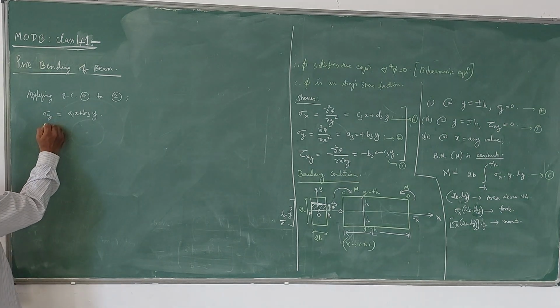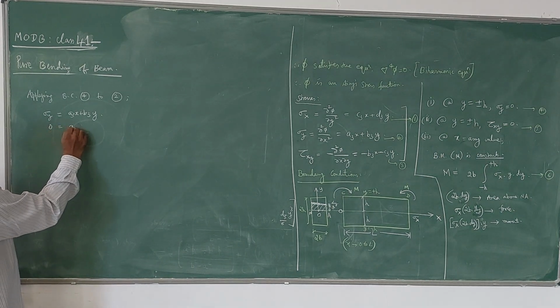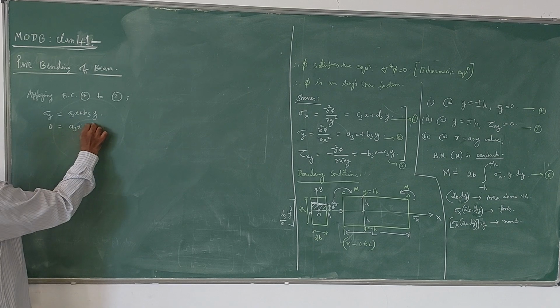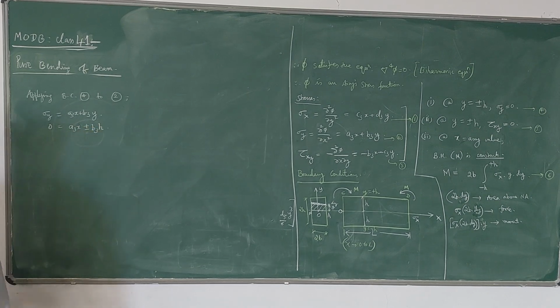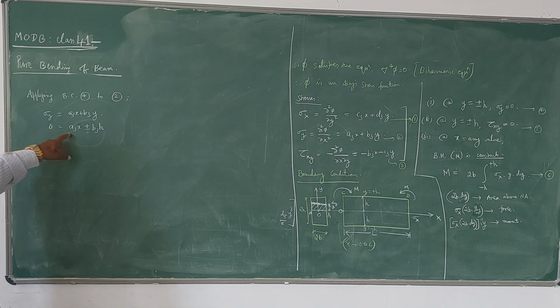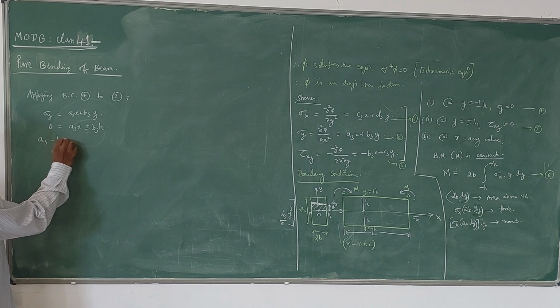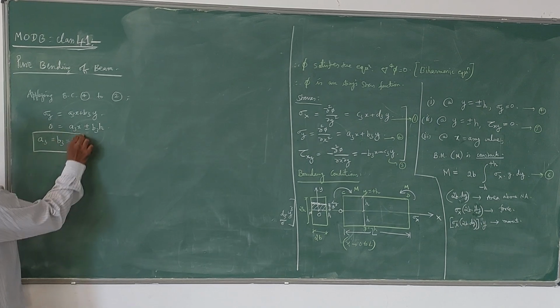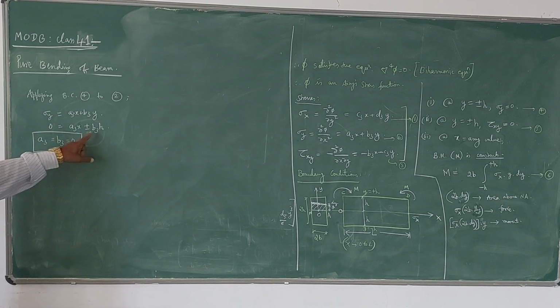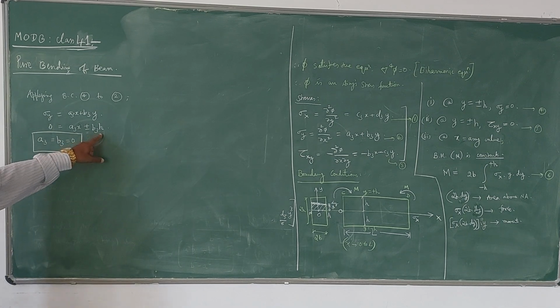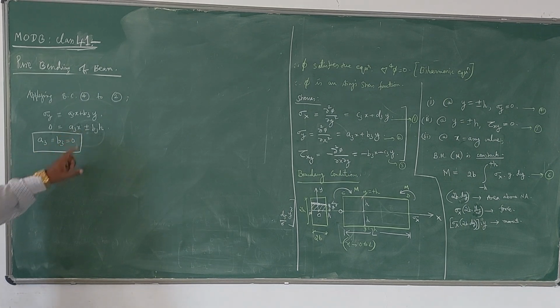Therefore sigma y is 0. So 0 is equal to a3x plus or minus b3h. So here this sum should be 0, which means these two coefficients must be 0. Then only it is possible to have this, because b3h is a constant. As for a3x, x can have any value.